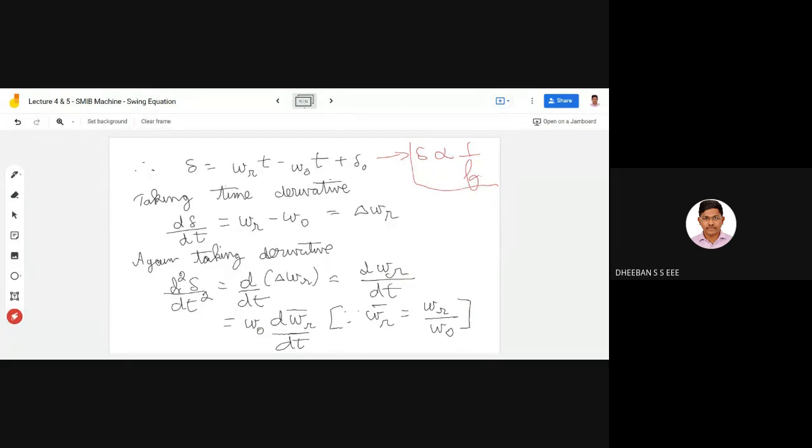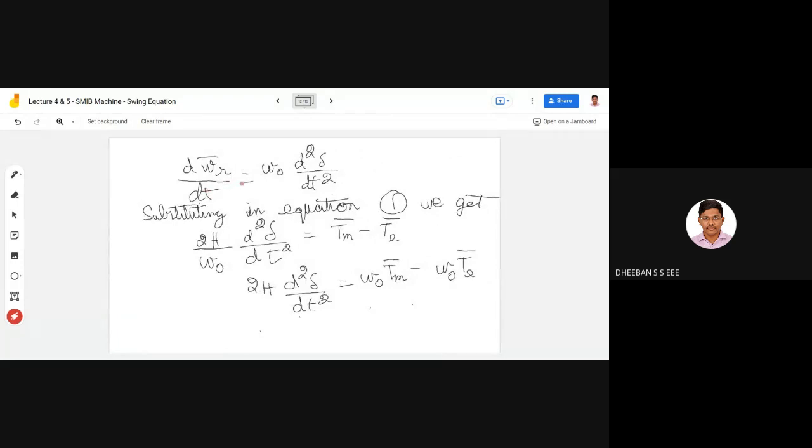You'll have this on your left side, and other parameters you'll take towards your right hand side. So omega naught into d square del by dt square will be the value, and you will substitute that in your equation 1, replacing d omega r dash by dt with this parameter.